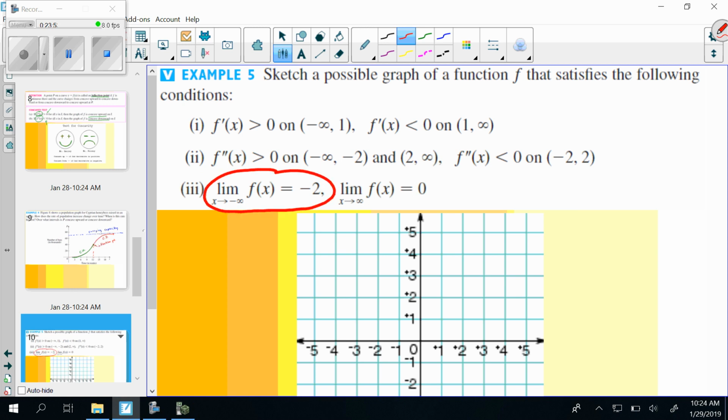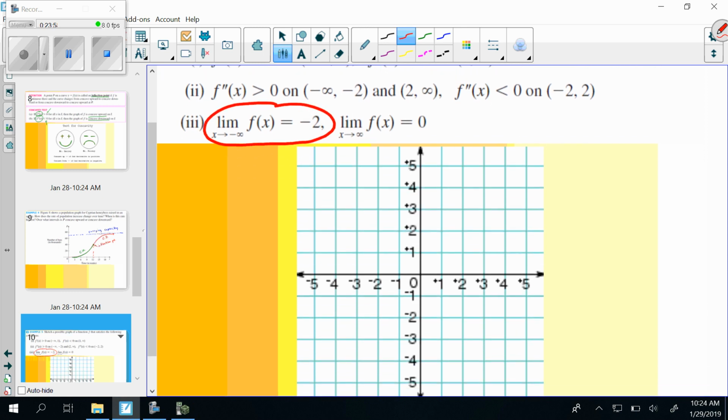So here it says the limit as we go to negative infinity approaches -2. So remember, this would mean towards the left. So on the graph here, as we move out towards the left, our graph should be approaching -2. Now, we don't really know, is it coming from above here or is it coming from down low? We might have to change this later.